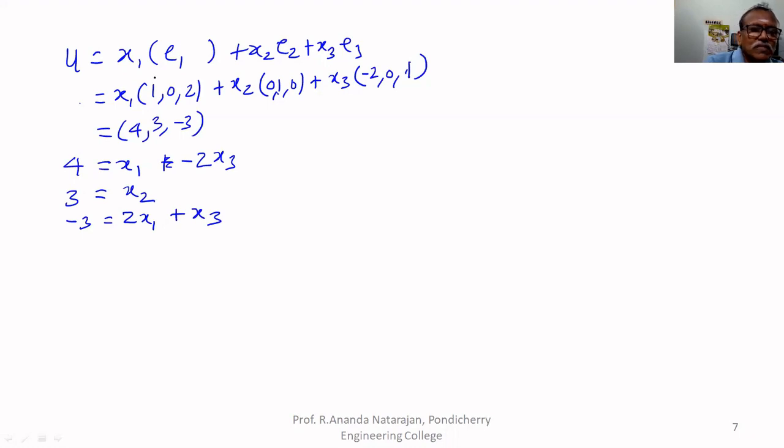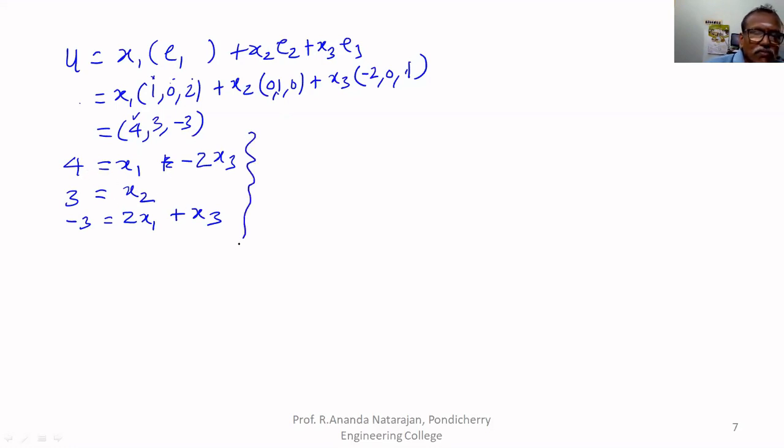This represents the three bases of the conventional basis. Therefore x, y, z, whose magnitude is given, should be multiplied with the corresponding value. So you got 4 equal to x1 times 1, 0, -2 for x. Therefore x1 minus 2x3 equal to 4. So you got 3 equations.